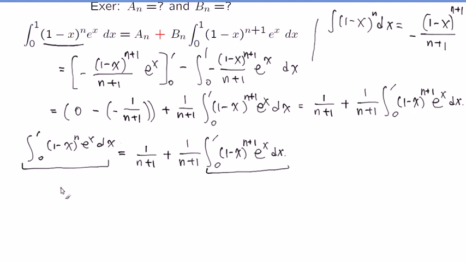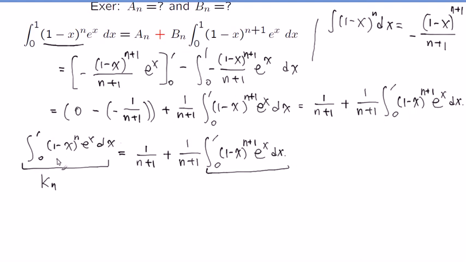Can somebody explain why fn(x) is not a good name? If this is fn(x), this will be fn plus x. Fn(x) is not a good notation for this one. Just kn maybe is a good notation. I just dropped the x. There's no parenthesis x in there, and I hope you understand why.